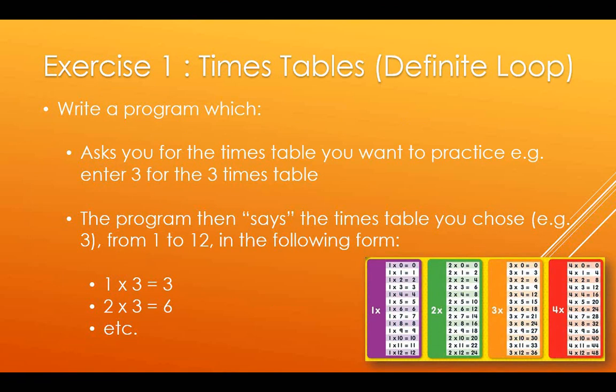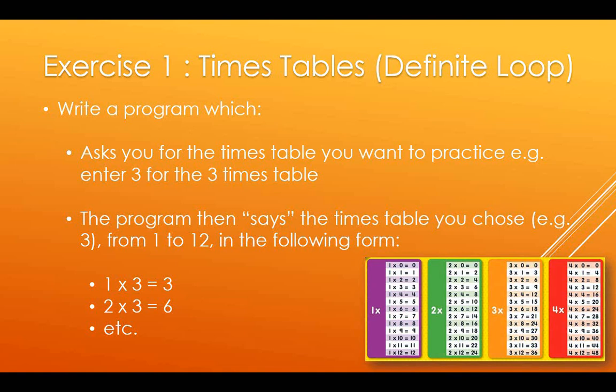So here's our exercise to do our times tables, which you said you didn't know. So you can get the computer to do them for you. You're going to write a program that asks for the times table you want to practice. So the 3 or the 4 or the 10 or the 5 million, if you want. Then your program is going to say, not spoken, but by writing it on the screen using the say or think command, the times table you chose from 1 to 12.